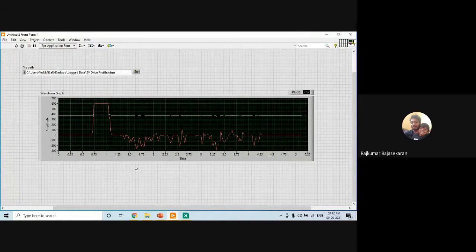Again, I run this, and this is the drive profile. During the switch-on time alone, the inrush current is very high. But once everything is switched on, during the drive time, it's not going to be that much current consumption. This is how it's going to be.